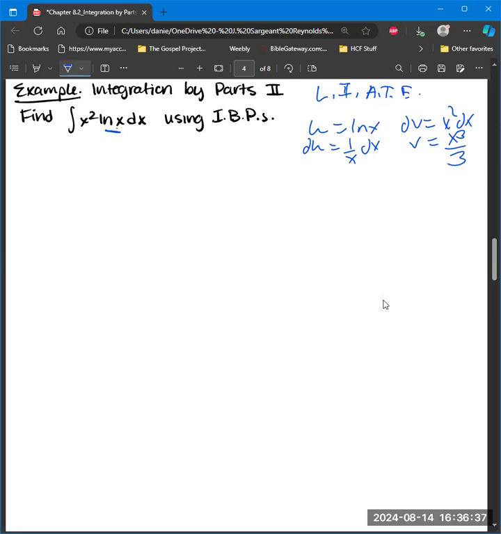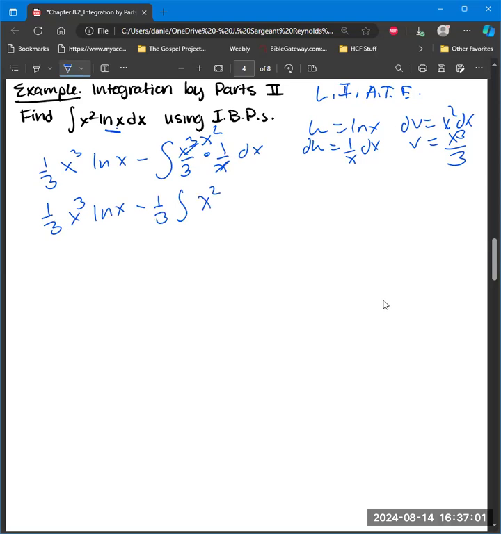So I want u times v, 1/3 x cubed ln of x minus the integral of v times du. And one of those will cancel, leave me with 1/3 x cubed ln of x minus 1/3 integral of x squared dx. Look at how nice that works.